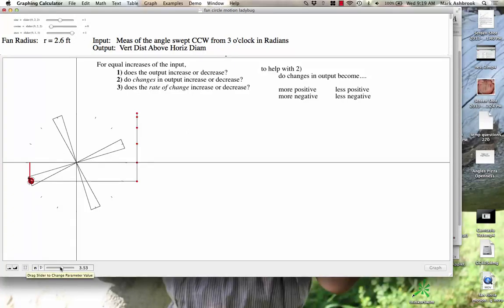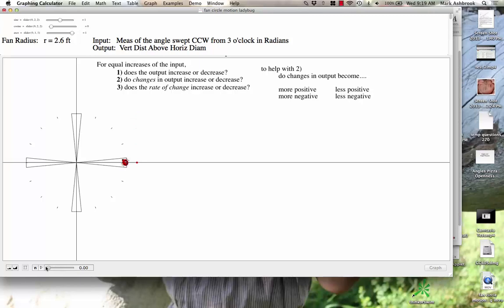So specifically, we ask 3 questions. For our small equal increases of the input, which is angle measure, what equal increase of angle measure did we pick? Yep, so we were going to break each quadrant into 4 equal angle measures.